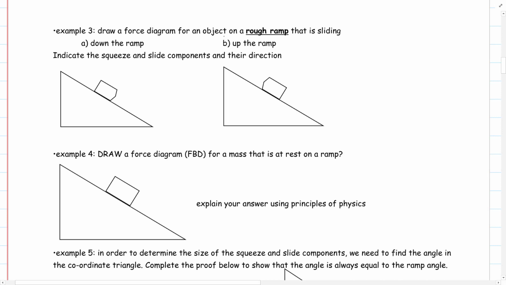Draw a force diagram for an object on a rough ramp that is sliding down. So it's a rough ramp, so there's going to be a friction this way because it's moving this way. There's going to be a normal against the surface, and there's still a force of gravity.